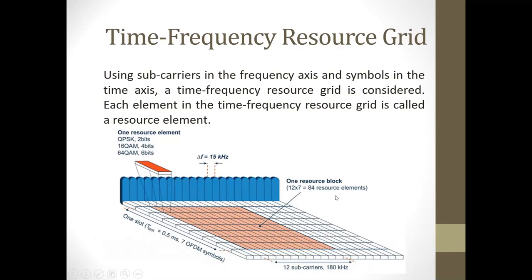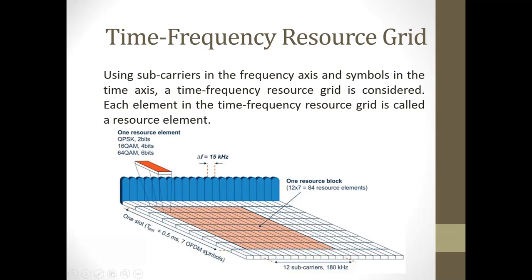We have 15 kilohertz subcarriers, taking up 15 kilohertz bandwidth around each subcarrier. Now we're showing one slot here, up to this point. This is one slot, and so you have symbols one after another.